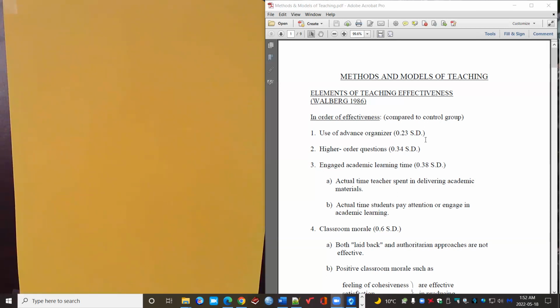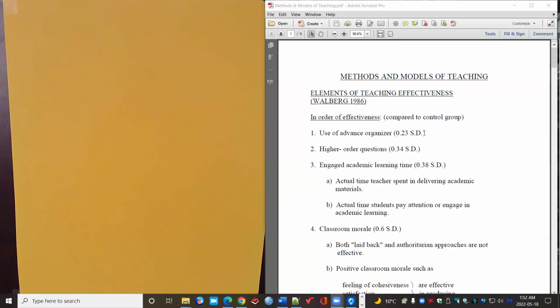All right, so that means what? The experimental group was better in terms of the dependent variable, which is achievement test score, than the control group. All right, so let's take a look at use of advanced organizers.